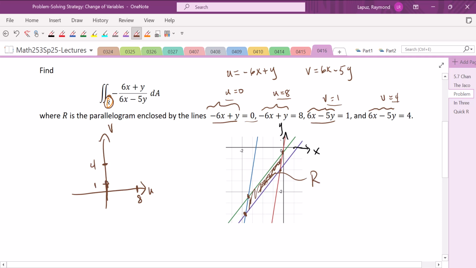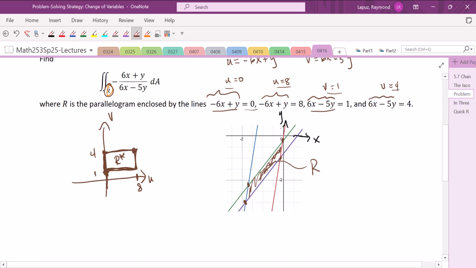And those corners that are in this parallelogram will get mapped to the corners here. And this is now my new R star, which is going to be my limits for U and V.